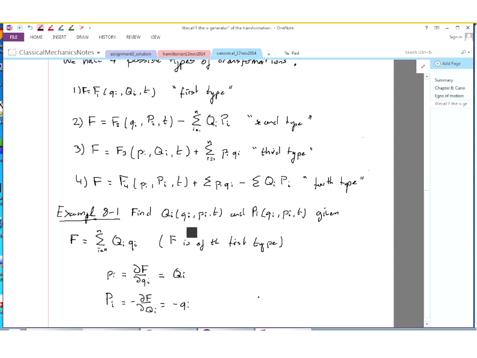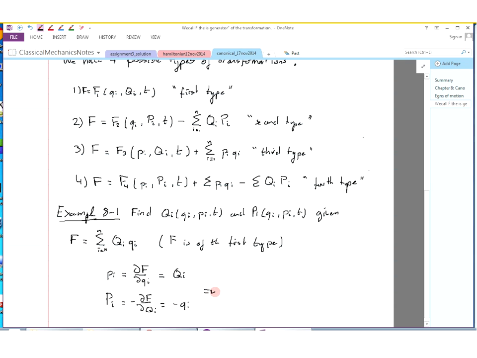So of course it's trivial to write out Qi and capital Pi. I've already written out capital Pi as a function of the little qi, the little pi, and t, is just equal to minus qi, and then Qi as a function of little qi, pi, and t is just equal to little pi.